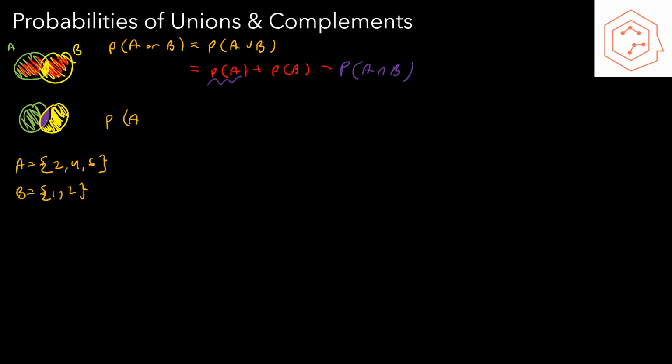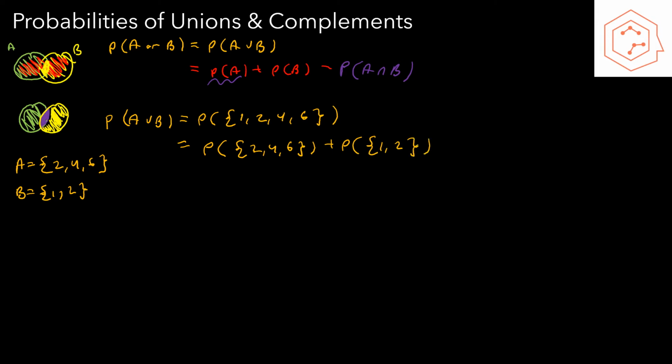So P of A or B, which is P of 2, 1, 2, 4, or 6, is equal to the probability of A, which is 2, 4, 6, plus the probability of B, which is 1, 2, minus, since now we're accounting for this 2 twice, which is the middle ground between A and B, we're accounting for it twice, so we subtract it.